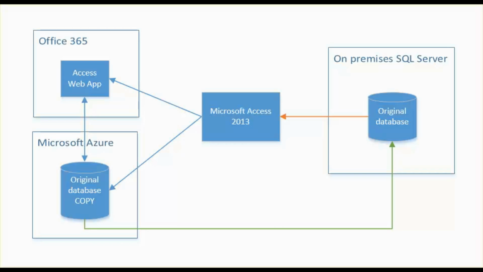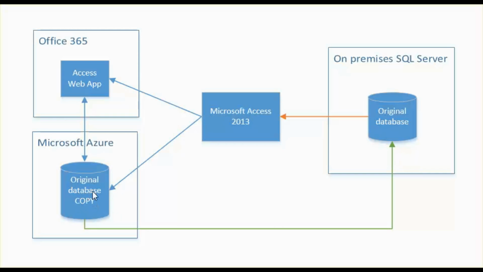So just to understand what we are doing here, we use Microsoft Access, and we connect to a local database, to the tables for which we would like to create a web application to manage the data. Microsoft Access will take these tables and will copy them and will deploy them on Microsoft Azure.